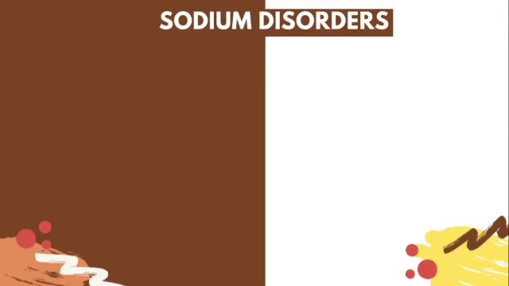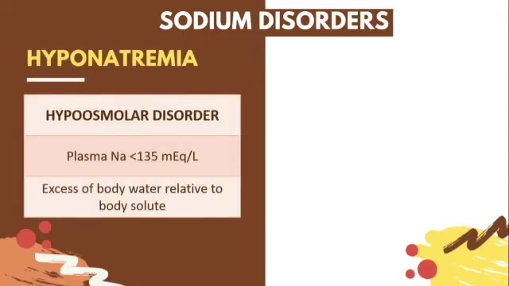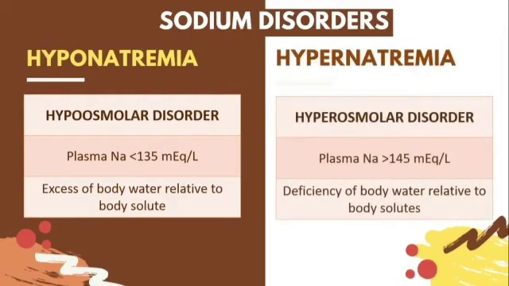We have hyponatremia, which is a hypoosmolar disorder. This happens when plasma sodium is less than 135 milliequivalents per liter and is characterized by excess body water relative to solutes. On the other side, we have hypernatremia, a hyperosmolar disorder.